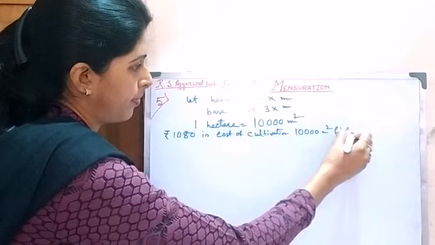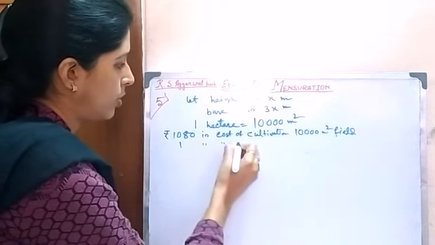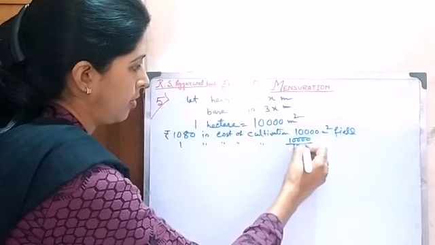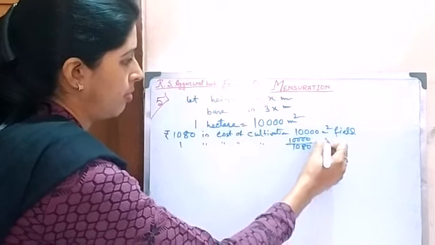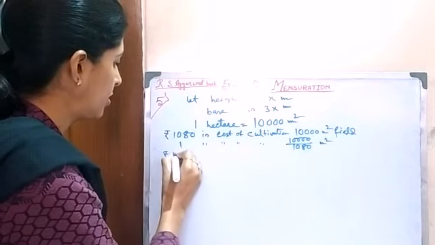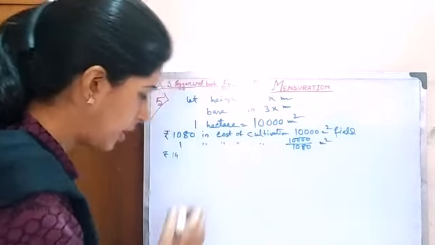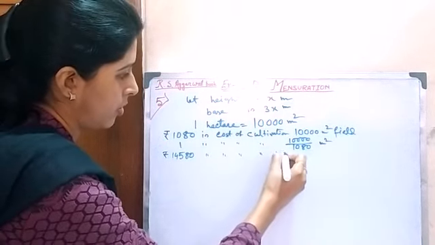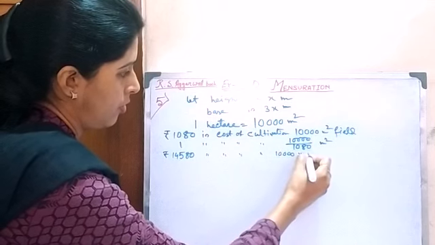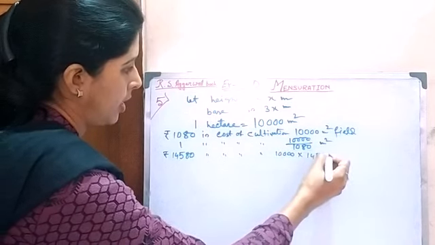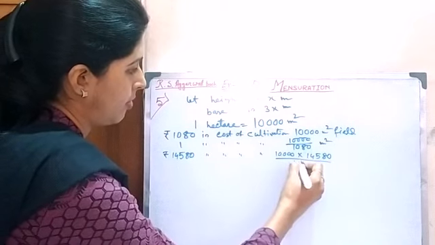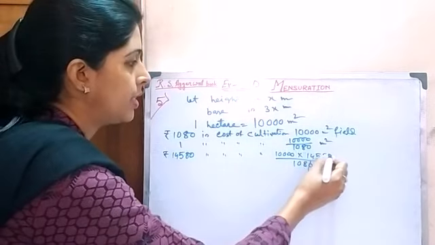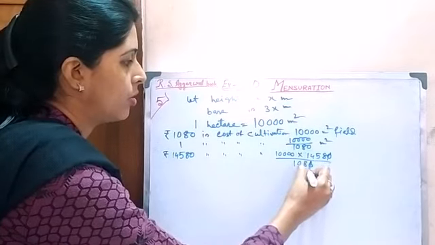Then 1 rupee is the cost of cultivation of 10,000 by 1080 meter square, then rupees 14,580 into 14,580 divided by this one. Now we can cancel 0.